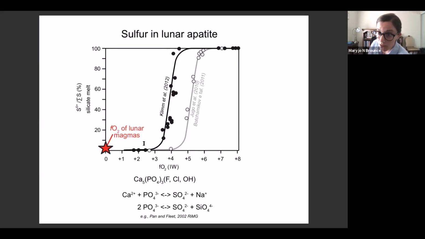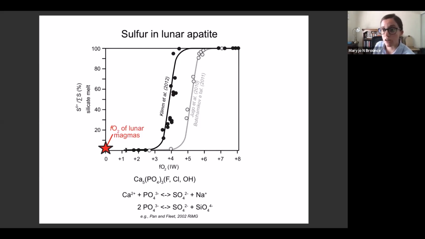So major element composition is important. If you're down here in the sulfide only range, your total iron concentration becomes important, whereas the iron concentration of the silicate liquid increases, the solubility of sulfur 2- also increases because there's a relationship between iron and sulfur in the mixture itself.